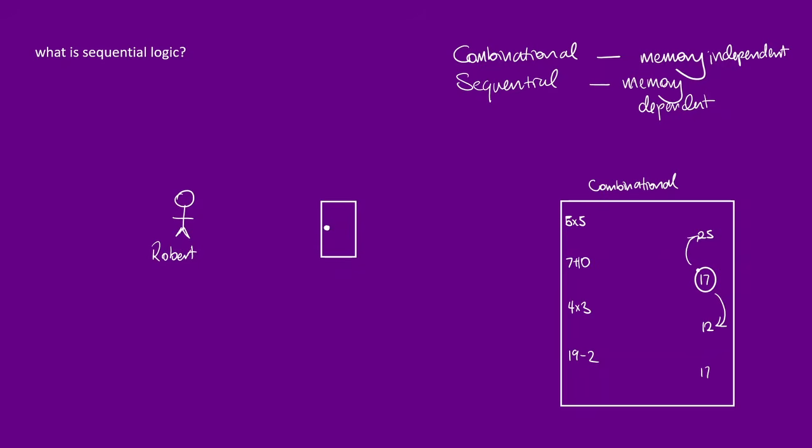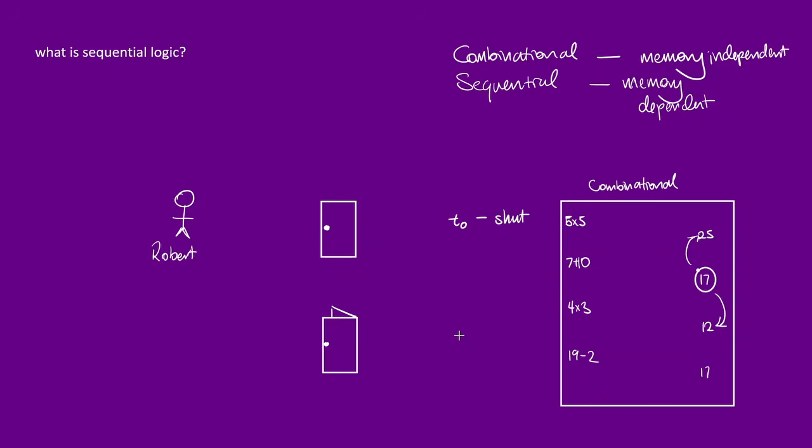It's going to become clear that the state of the door depends on what it was before Robert takes the next step. At t equals 0, the door is shut, and Robert's instruction is to change the state of the door. Robert gets to the door, and seeing it closed, the next course of action is to open it. So now we have an open door.